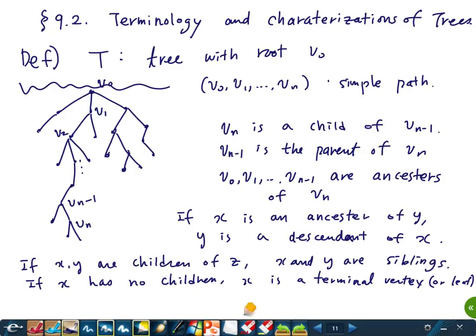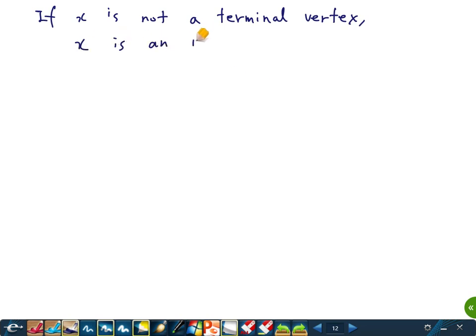Oh yeah, I need more space. So there are many definitions here, but they are things that we use in our real life. It's similar to our language, so it should not be that difficult to remember. So if X is not a terminal vertex, then we say that X is an internal vertex.